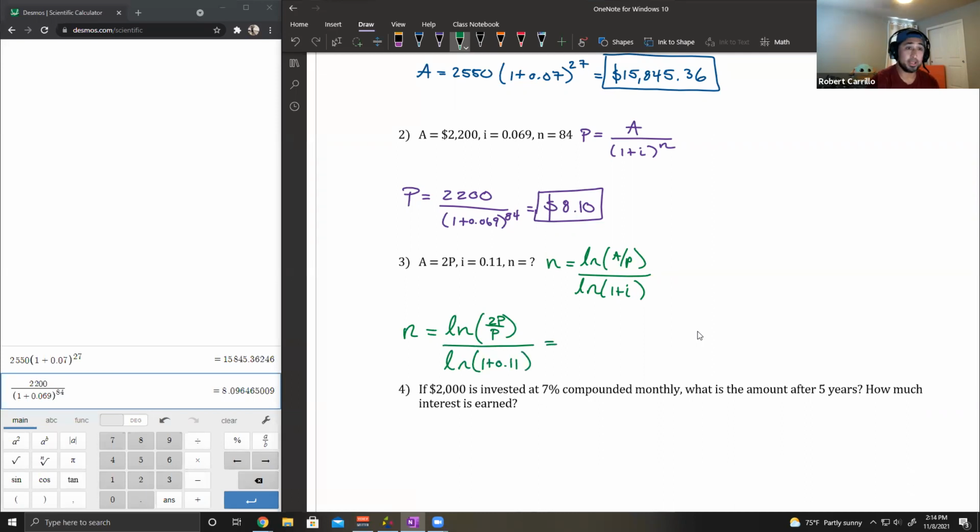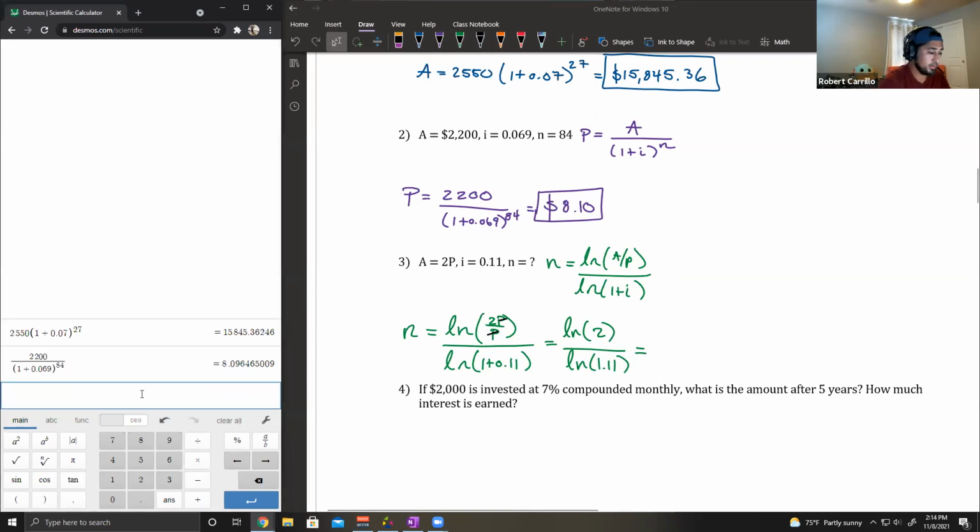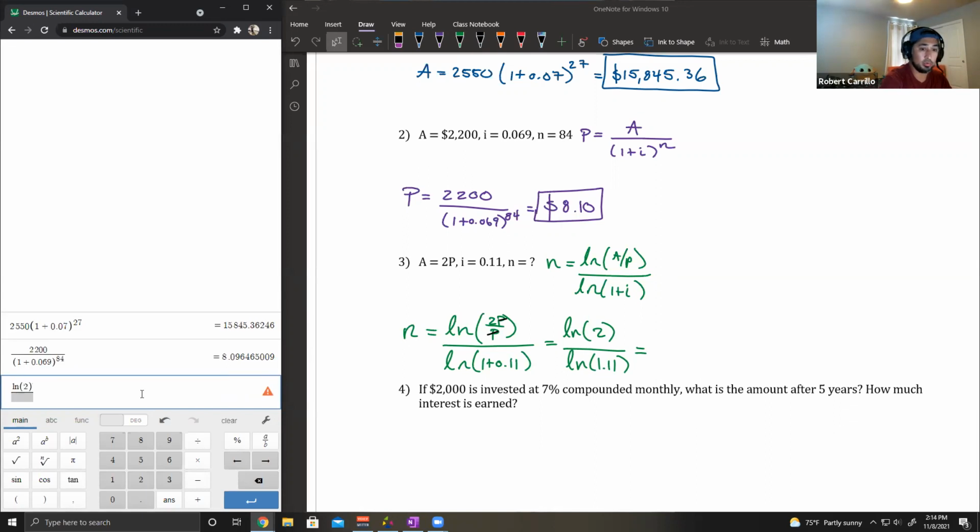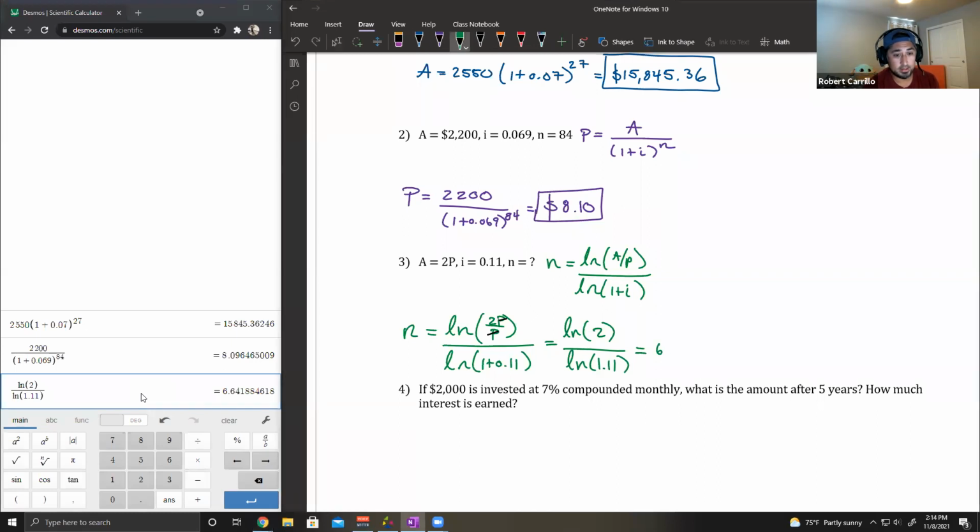Well, 2P over P, your P's will cancel, and we get the natural log of 2 over the natural log of 1.11. So let's see what we get there. And this gives us 6.64.